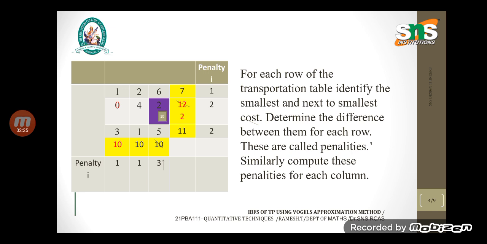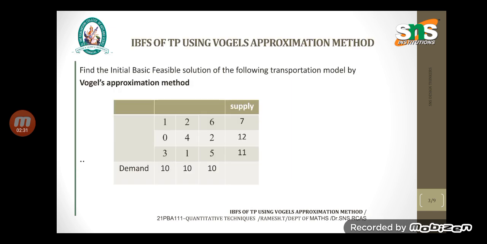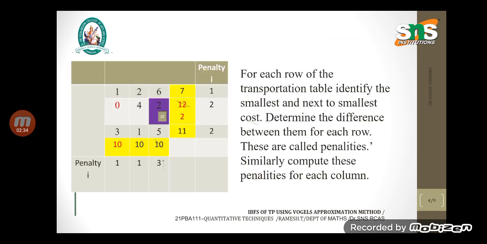Likewise, on the column side, in the first column the smallest cost is 0, the next one is 1, the difference is 1. So put it in the column penalty.